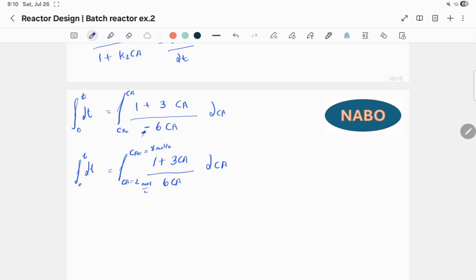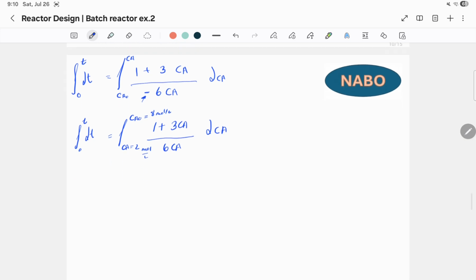Now we can go ahead and integrate this equation, which will be something like this. T equals the integral with limits from 2 to 8 of 1 over 6 Ca dCa, plus the integral of 3 Ca over 6 Ca with limits from 2 to 8 dCa.